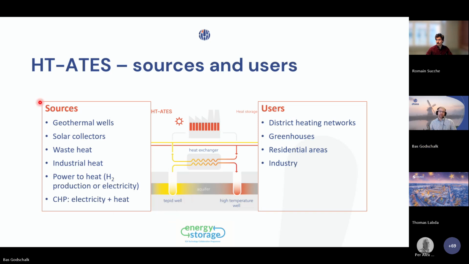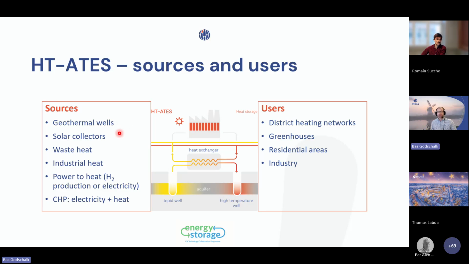And then we find out that there are various sources which can feed the high temperature ATES system, and that you also have various types of users. Sources could be deep geothermal wells, which can produce year-round geothermal heat.